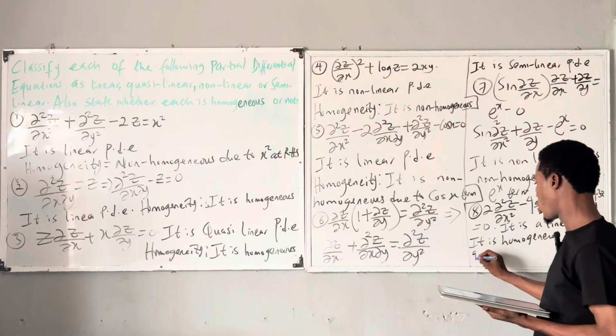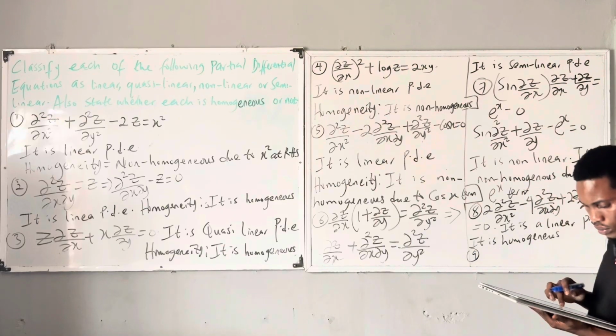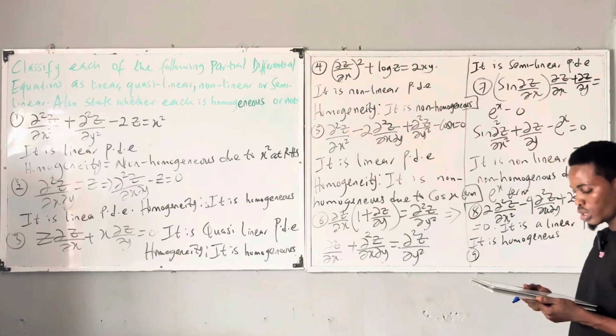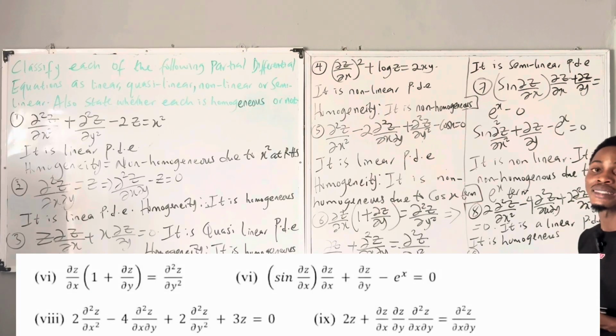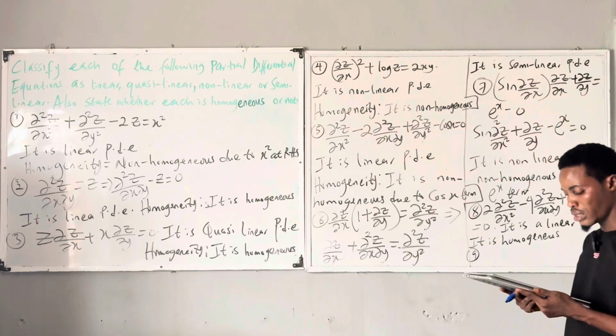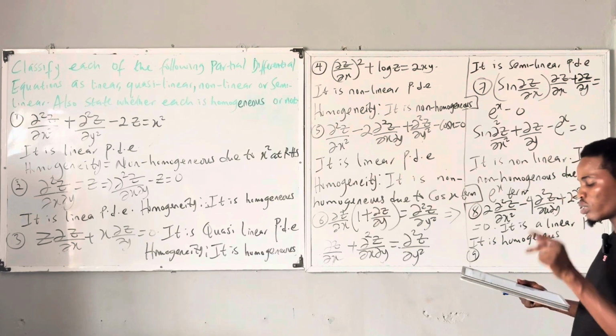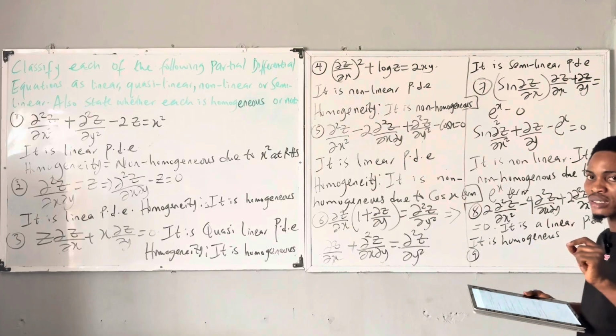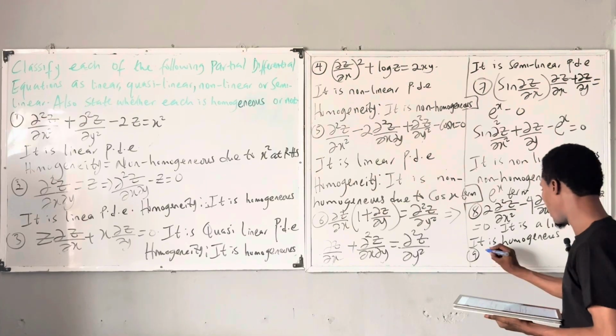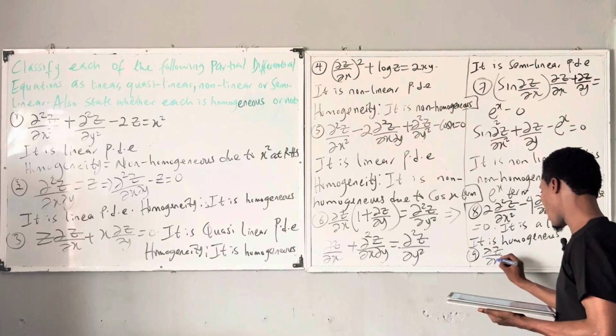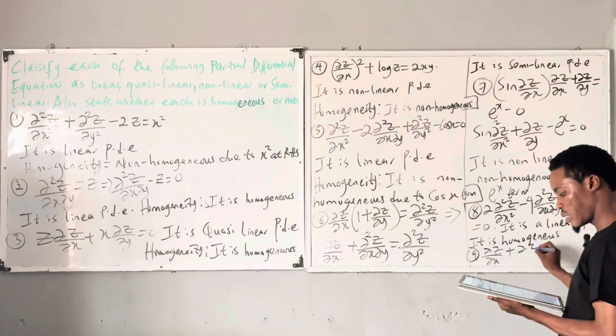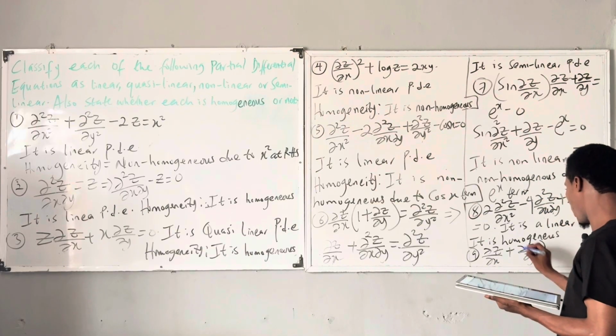Question 9. The square of dz over dx is equal to the second derivative of z over dx dy. What type of PDE is this? Classification of PDE: it is semi-linear. Why is it semi-linear? Because we only consider the linear equation there, which is dz over dx plus dz over dy.